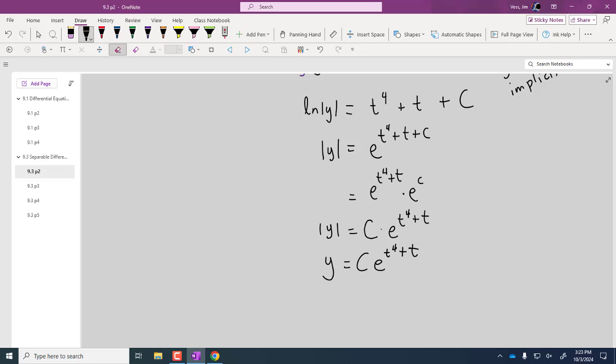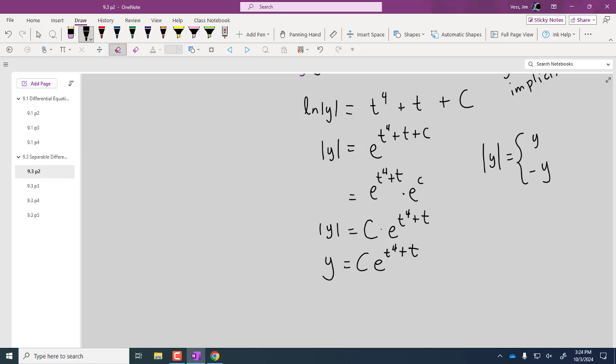Can you explain that again? Yeah. So algebra properties here for the exponent. Do you agree with this step? Yeah. And then e to the c is just a constant. Right. So that comes out in front. Absolute value of y is a piecewise function. It's either going to be y or negative y, which is just a constant in front of y, either a plus 1 or a minus 1.